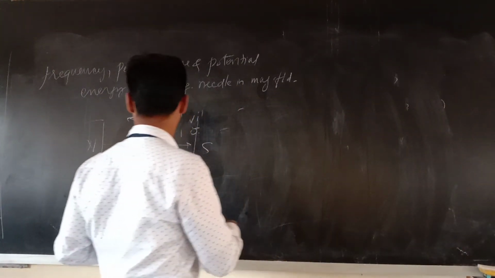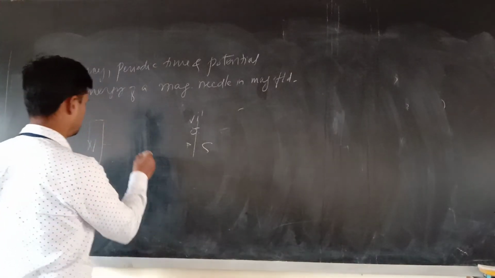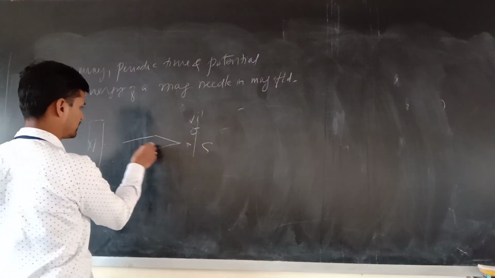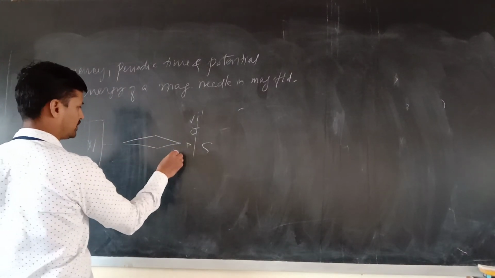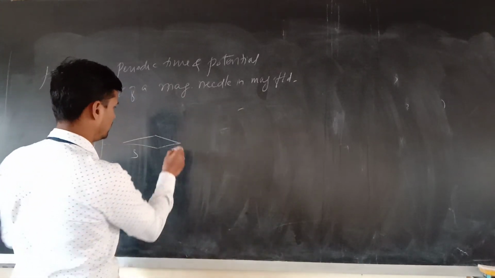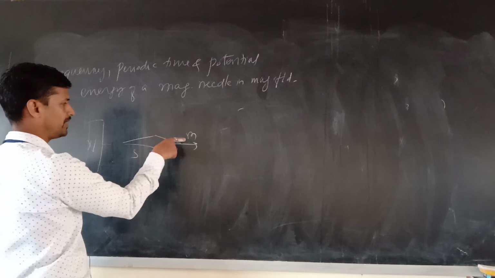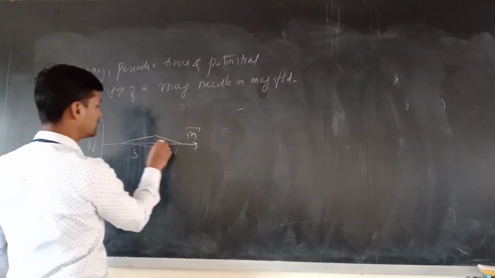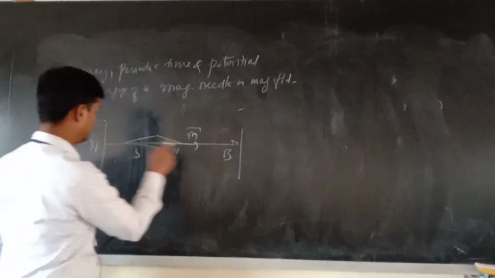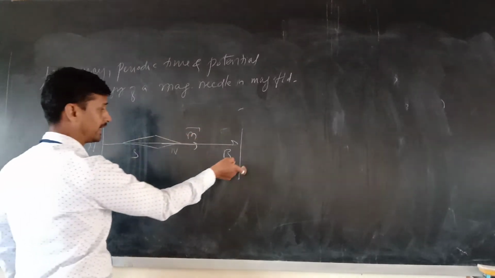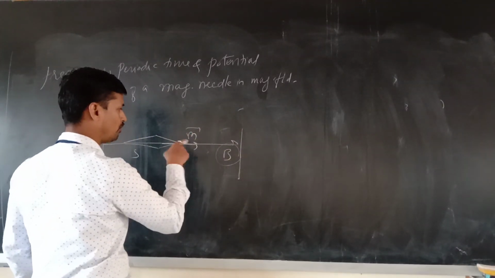Children, imagine this needle was standing like this. This is north, this is south. The needle's magnetic moment is m, and this is the north to south external magnetic field. Both are in the same direction.